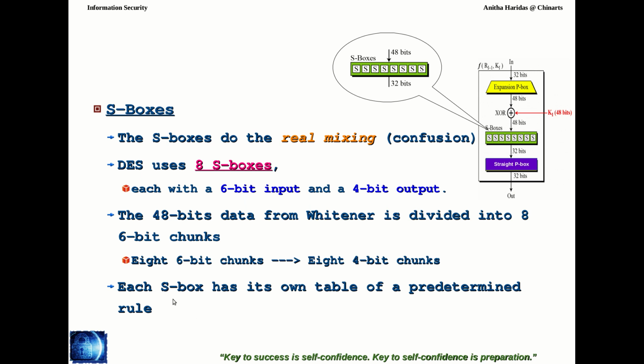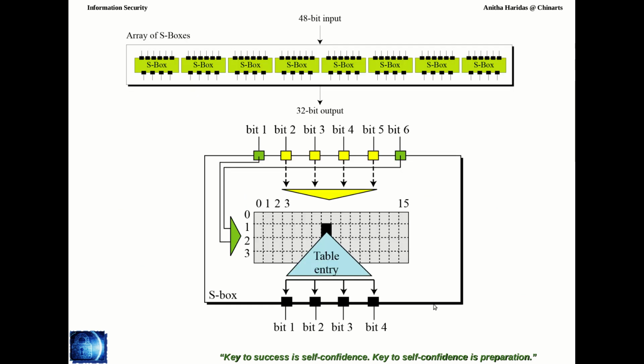Okay. So here the S box is again a table of a predetermined rule. Each S box has its own table of a predetermined rule. So this is how it is designed: 8 different S boxes.